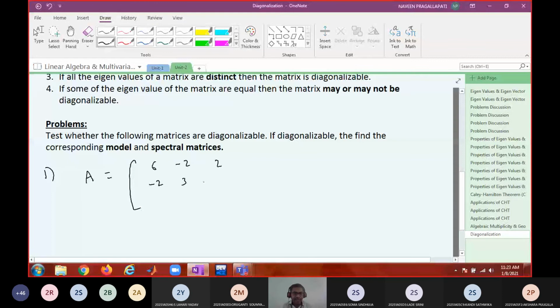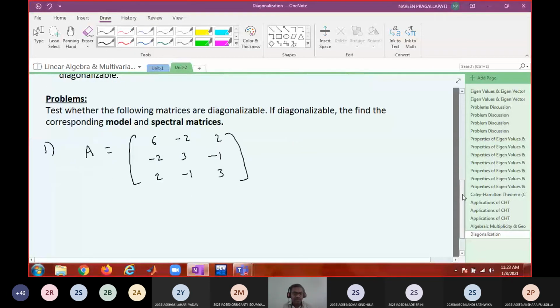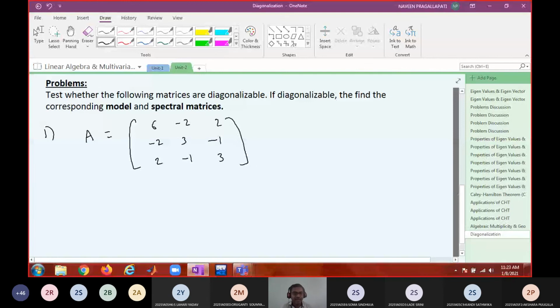I will be writing only the important steps. You just do the remaining problems in a similar way. I will be doing some more problems in the next class.